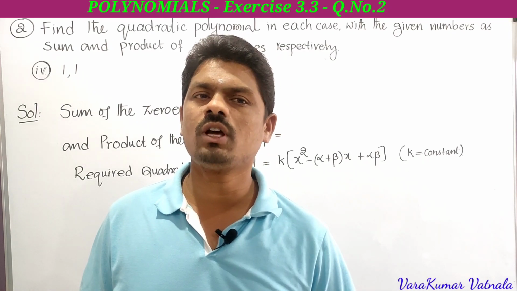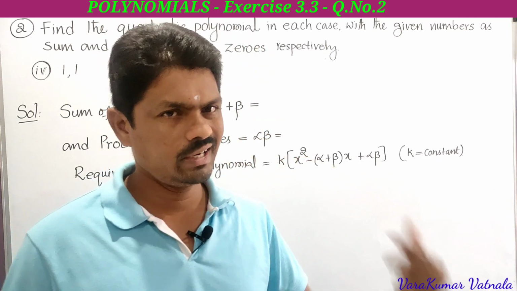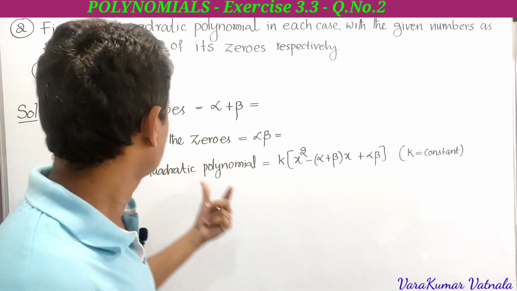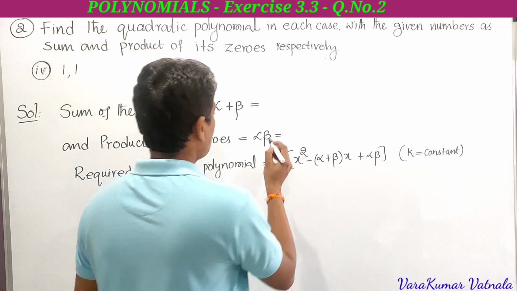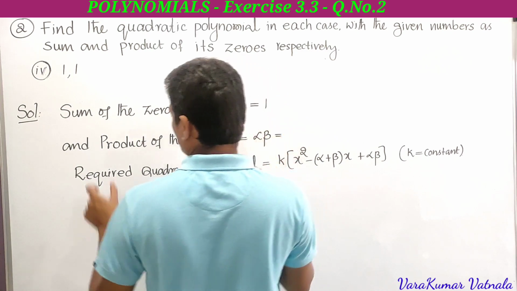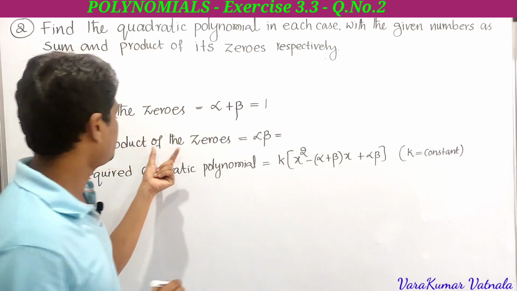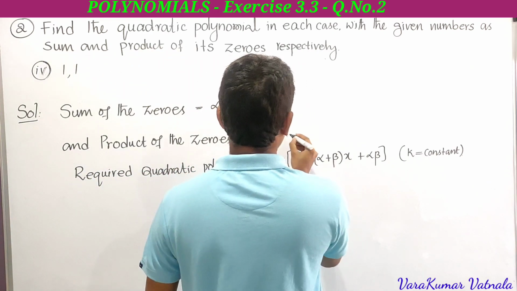So we have to substitute alpha plus beta and alpha into beta in the formula, then we can get the quadratic polynomial. So see here, sum of the zeros alpha plus beta is equal to 1 and the product of the zeros alpha into beta is also equal to 1.